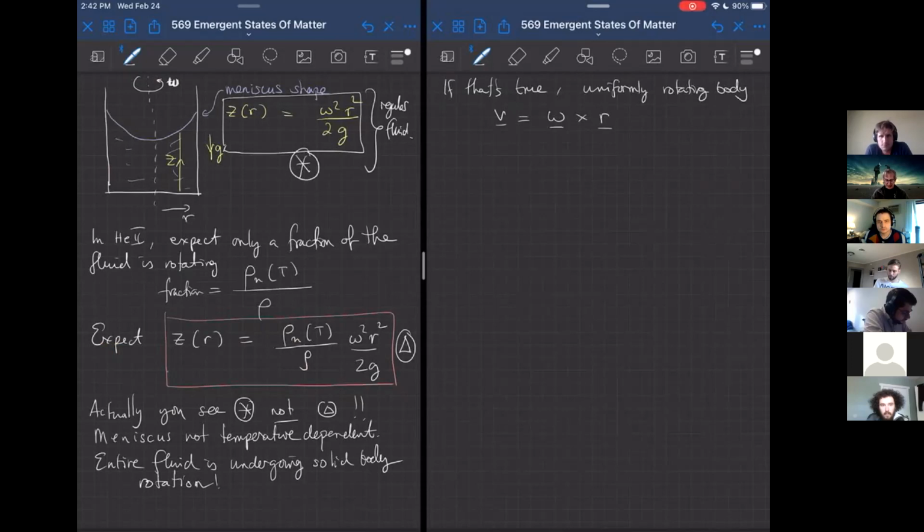So that's what the fluid is actually doing when you're rotating the bucket.